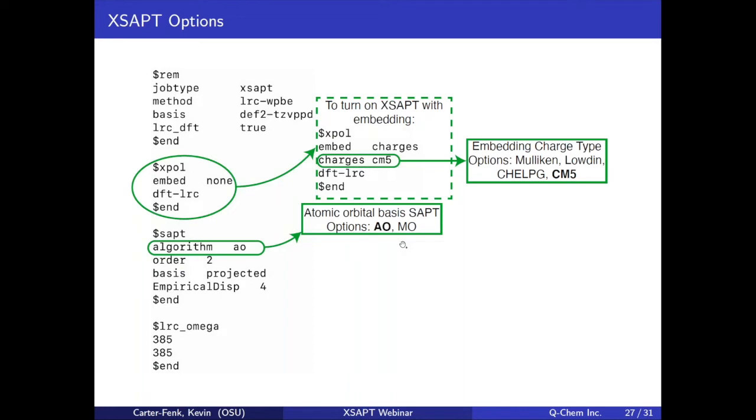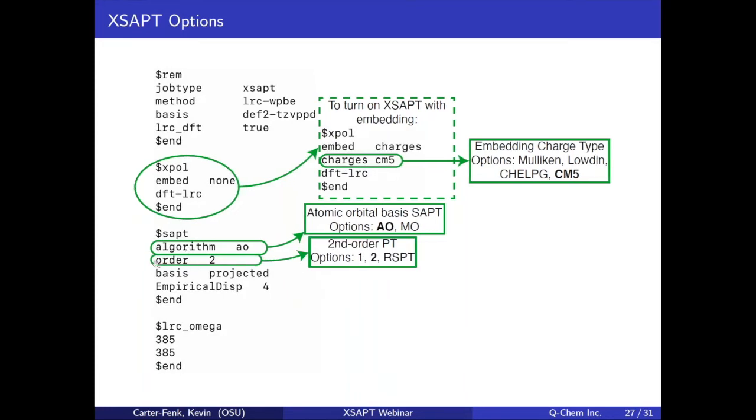So if you're applying the AO SAPT, use an empirical dispersion correction. But if you want the full-fledged SAPT dispersion, then choose MO here.